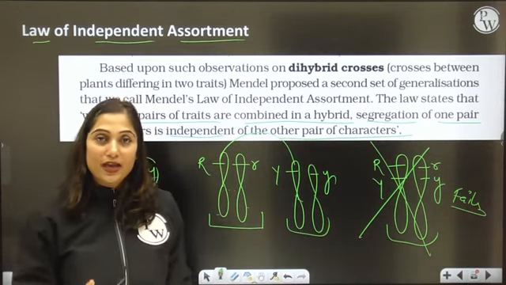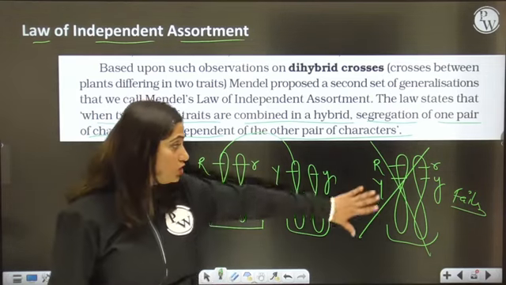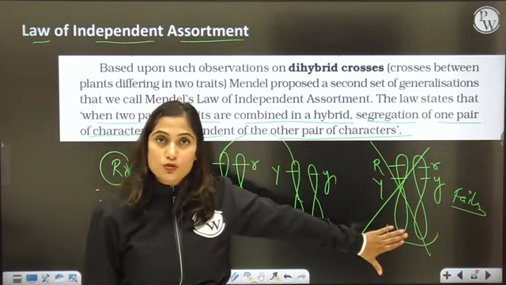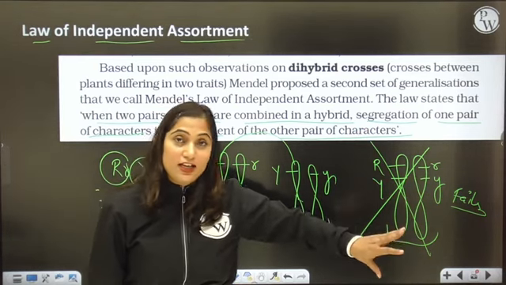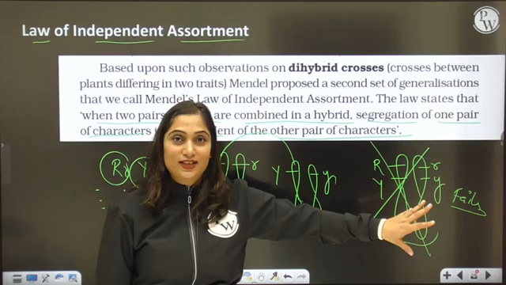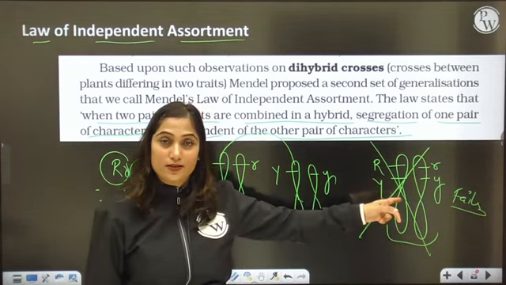Why? Because of the phenomenon of linkage. The genes present on the same chromosome show linkage. They always get inherited together, so they will not be freely segregating from each other.